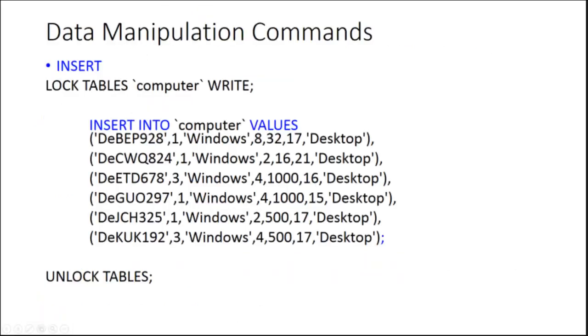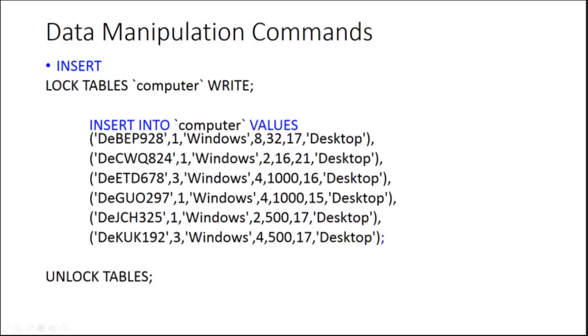For data manipulation, for example, inserting data into tables. What we need to do when inserting new data is locking tables. So we can start with lock tables, the table name, and followed by write. This is the end of this first line query, and then followed by insert into table name, values. Then we'll follow with the data items, fields in the same order that we have in the table.